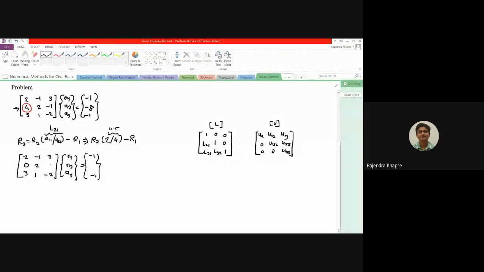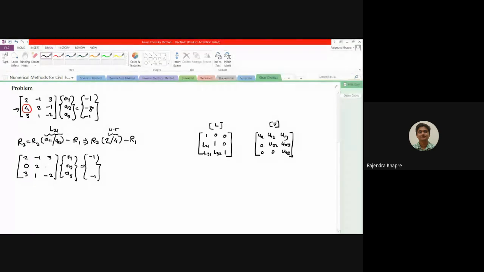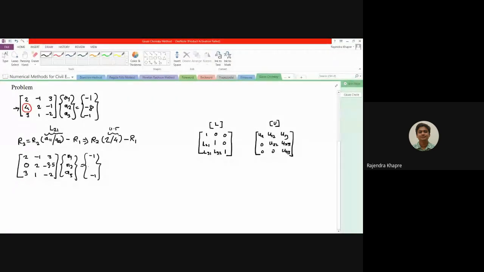And this is minus 1, so this is minus 0.5, minus 3, so this will become minus 3.5. And this will be minus 8 into 0.5, so that becomes minus 4. Minus 4 minus of minus 1, so it becomes minus 3. Correct.